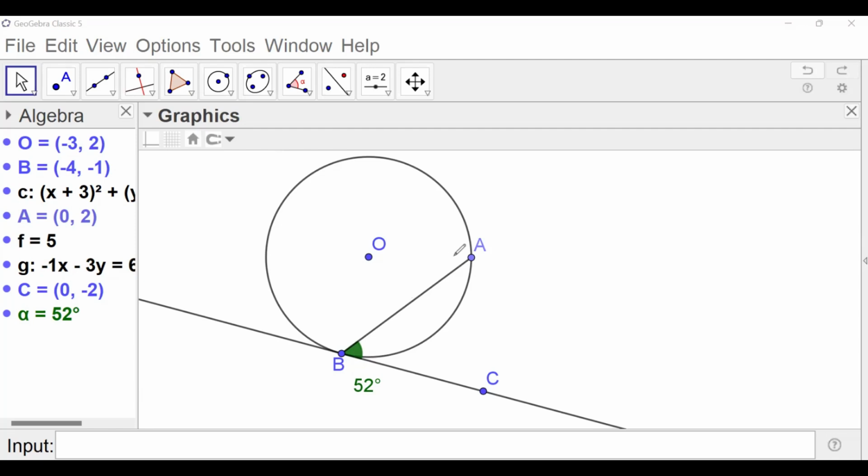So what does that mean? What it means, an angle is formed where we have two intersecting lines. When we have two intersecting lines, there's an angle between them. So now we have chord AB.